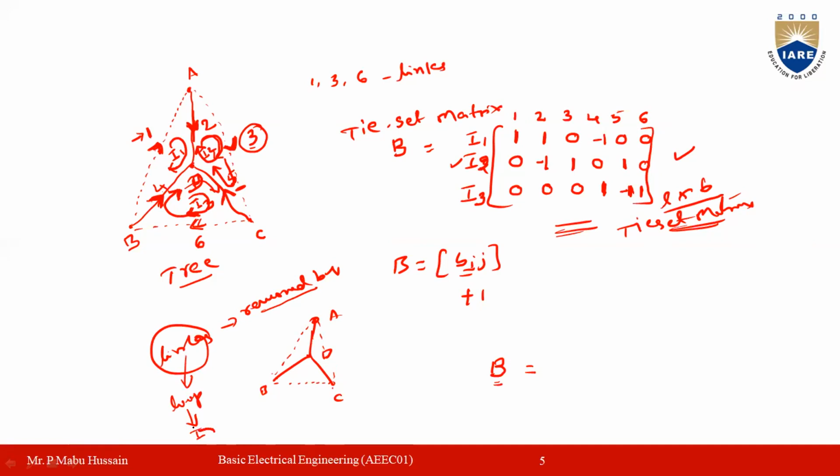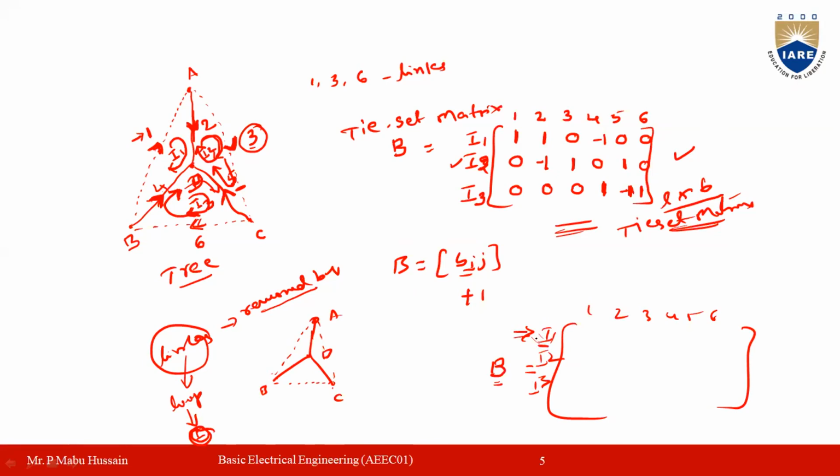Based upon these loop currents and the direction of currents flowing in each branch, you can represent a tie set matrix. While forming the tie set matrix, you represent the loop currents as rows and the branches as columns. If I1 is the current flowing in the first loop, and the first loop has the elements 1, 2 and 4, you observe the direction of those currents and your assumed I1.